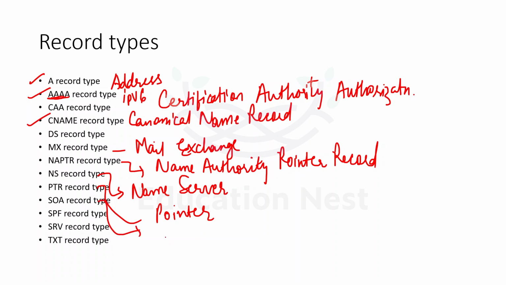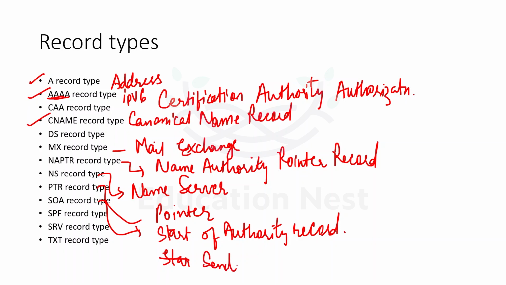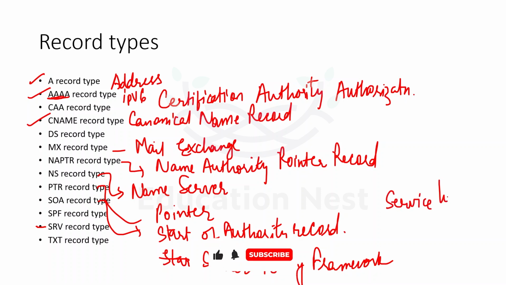We have SOA, that is start of authority record. The start of authority record is by default created when you create your hosted zones. Then we have SPF, that is sender policy framework. Then we have SRV. SRV stands for service locator. And lastly, TXT would be text record.